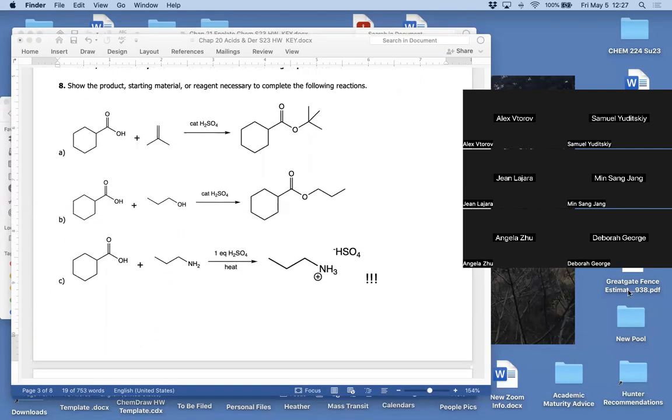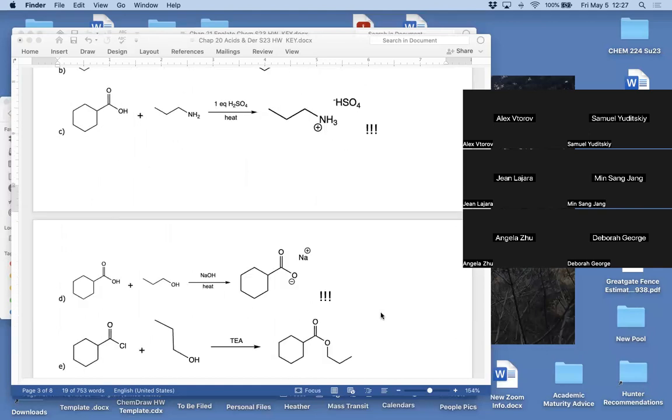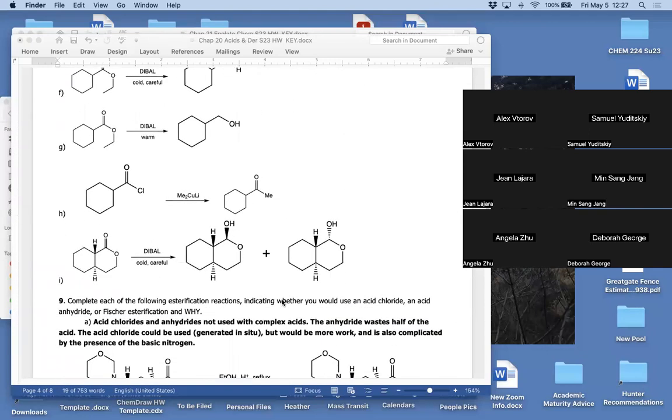Okay, 8, there was a question. The cold and careful is a detail I wouldn't require you to put down if I asked for the reagent. But if you're careless with DIBAL, you get complete reduction.